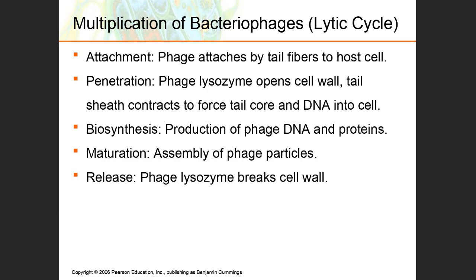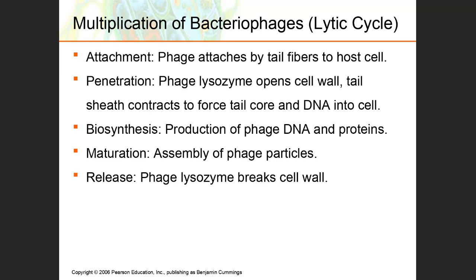And then all those proteins come together and assemble to form new viruses. Packaged inside the capsid is a piece of the viral DNA. And then those viruses will use lysozyme again to completely break down the cell wall and rupture that host cell so that the viruses can float away and infect other cells.